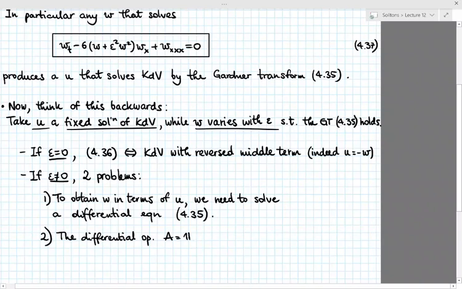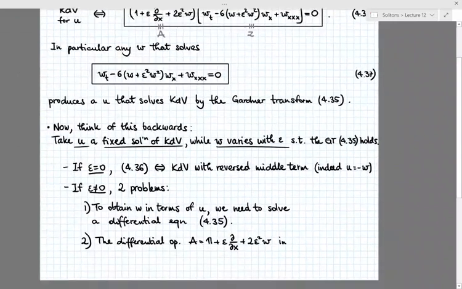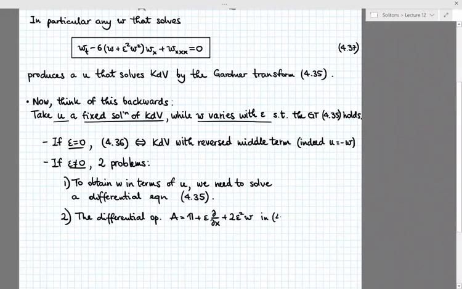A is equal to the identity operator plus epsilon partial derivative with respect to x plus 2 epsilon squared w in equation 4.36. It's a non-trivial operator, which in particular could have a non-vanishing kernel.